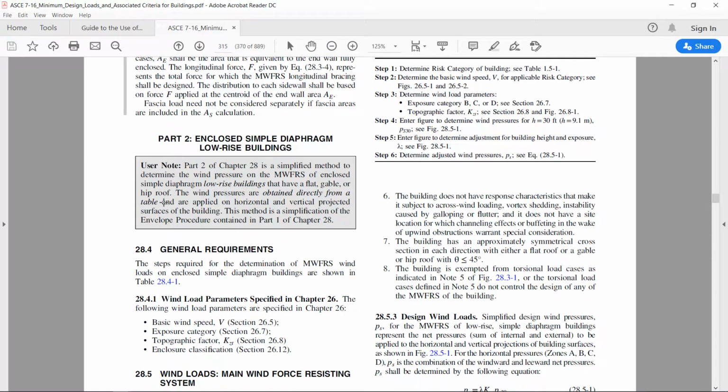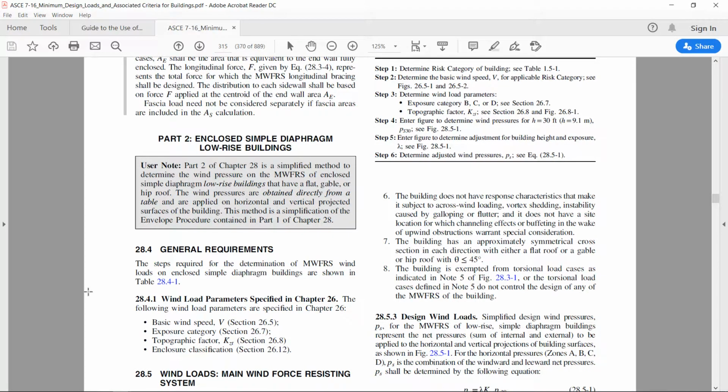The wind pressures are obtained directly from a table and are applied on horizontal and vertical projected surfaces of the building. This method is a simplification of the envelope procedure, so this is a more simplified procedure and it is derived from part 1.